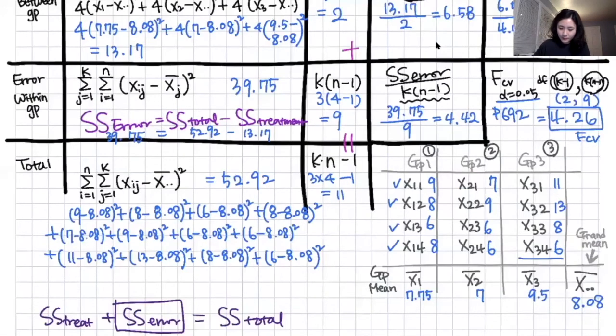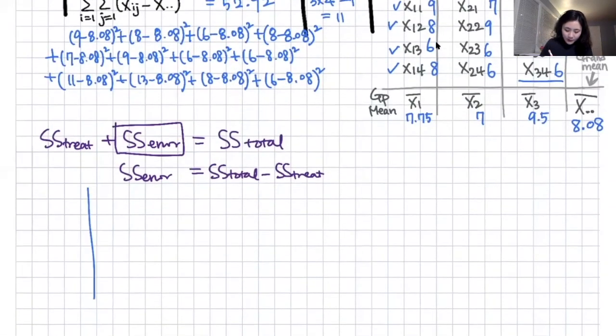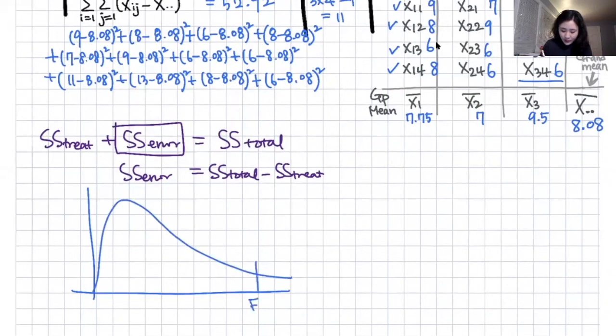This is my F distribution, and this is my critical value, 4.26. Beyond this line, I would reject the null hypothesis. However, my observed value is 1.49, so I fail to reject the null hypothesis. So I can say the mean SAT score is equal across the 3 teaching methods.